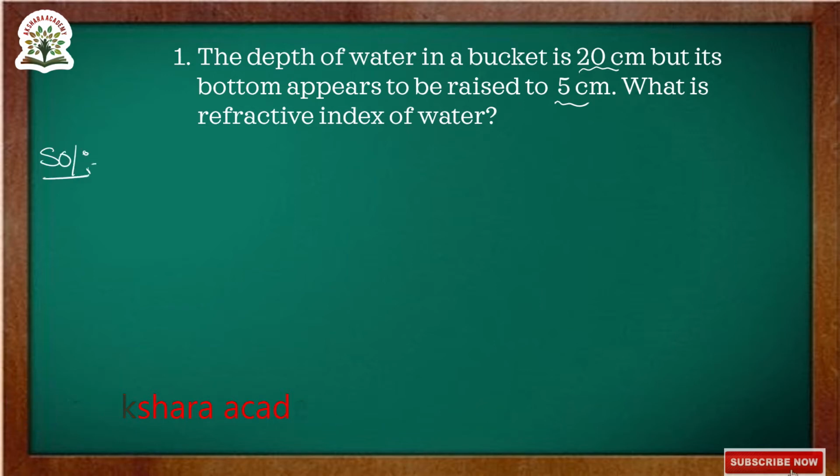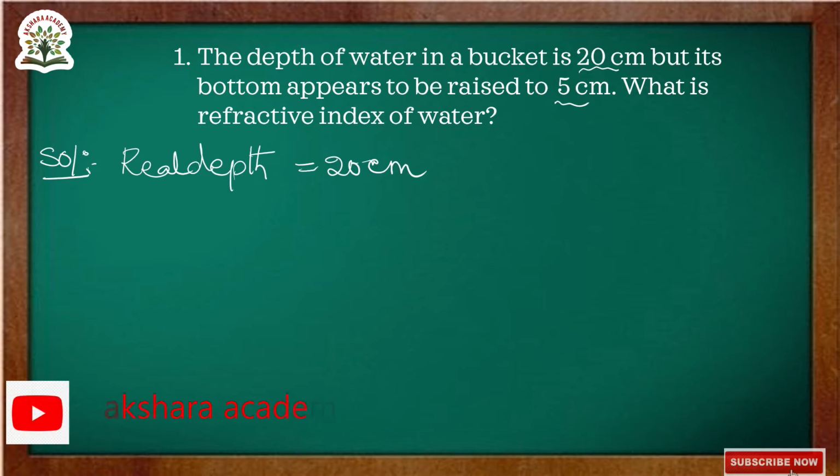Here the given depth of water in a bucket is considered as the real depth. So real depth is equal to 20 centimeters, and now we are calculating the apparent depth.